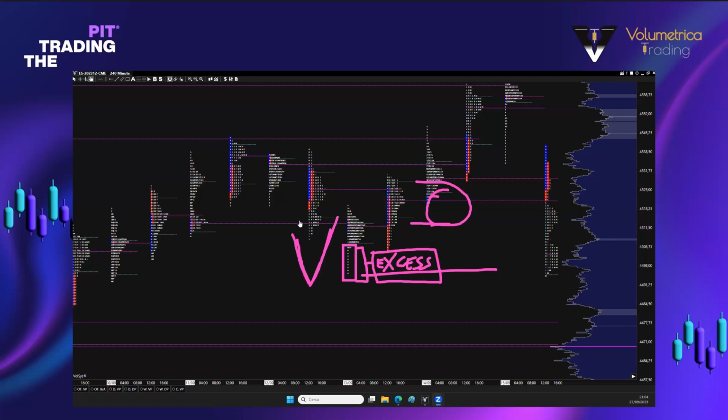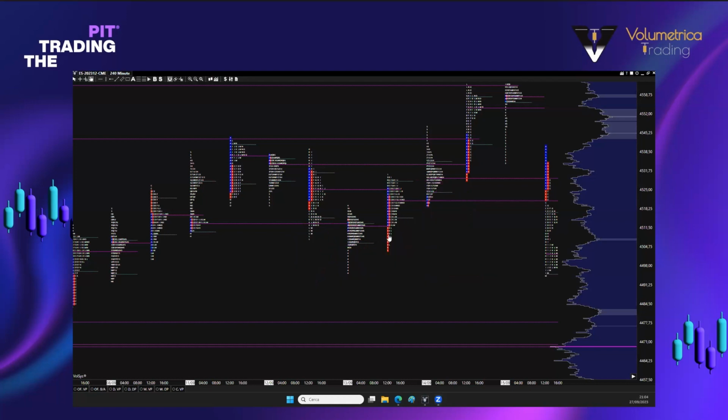If you want to have a quick and easy way of looking at these, I would recommend to set it this way, divided between the ETH part of the day and the RTH part of the day, and maybe if you want to combine it with an ordinary chart, I would recommend then to use a 30 minutes time frame, so you can see the correspondence between every single print and the corresponding candle.